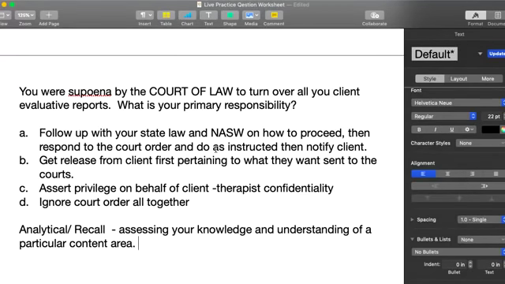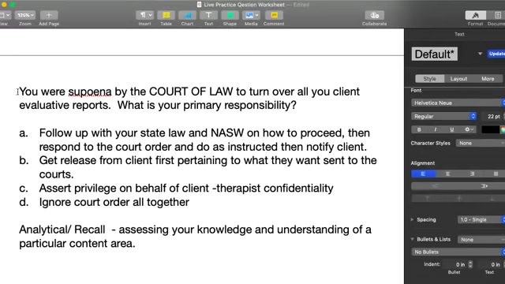I've received many subpoenas in my day, and when I was doing forensic work, I also received court orders. So there is a slight difference in terms of what they are and how you know the difference.